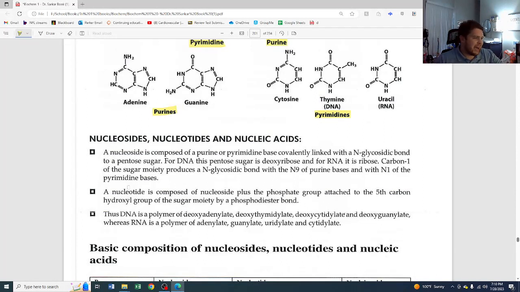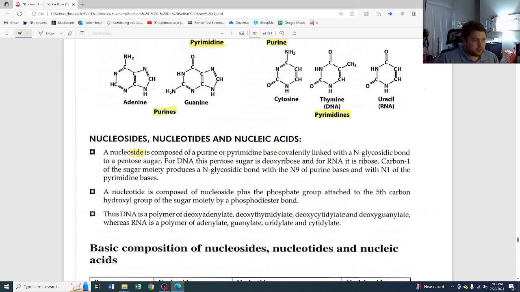Okay, so nucleosides, nucleotides, and nucleic acids. This is, again, where definitions matter. We need to read the words carefully to make sure that we don't mess up what is actually being asked of us, okay? So a nucleoside is composed of a purine or pyrimidine base covalently linked with an N-glycosidic bond to a pentose sugar.